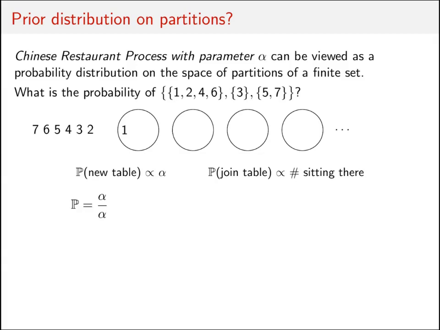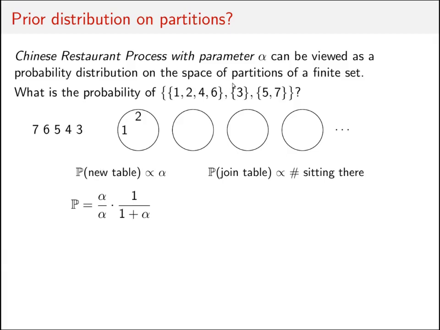The first customer does not have too much choice, but the second one can either join the first or choose a new table. We can see from these partitions that he chose to join the first customer with probability proportional to 1, the number of people sitting there. So the norming constant is 1 plus alpha, and this is the total probability.